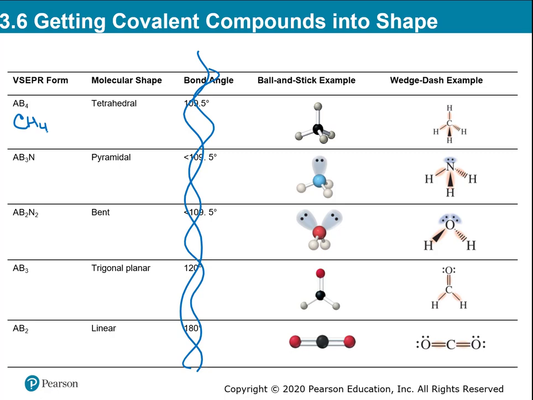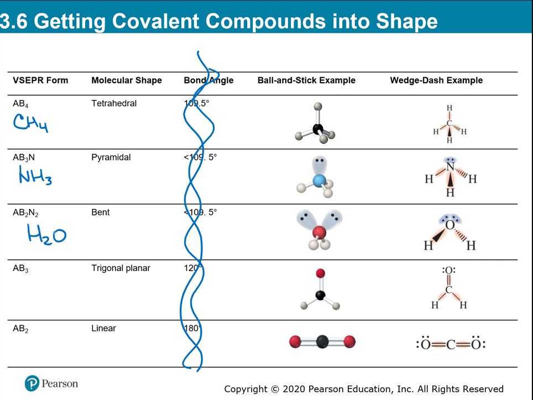If nitrogen has 3 single bonds, like NH3, it'll always have this non-bonding electron group, and it's going to create a pyramidal shape. Third one is what happens when oxygen has 2 single bonds. You'll always end up with this little bit of a bend to it. Water, best example. And remember, these are all the ones that we just drew as covalent molecules.